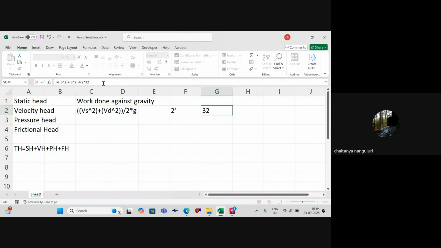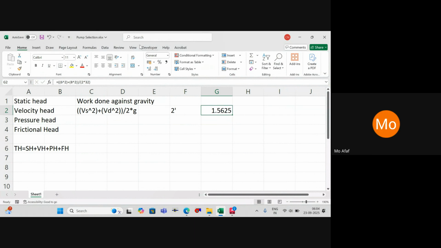What is the value of acceleration due to gravity, if you remember? 9.81 meters per second square.